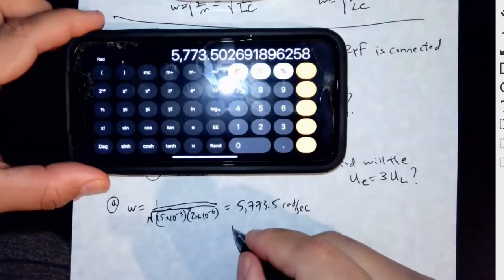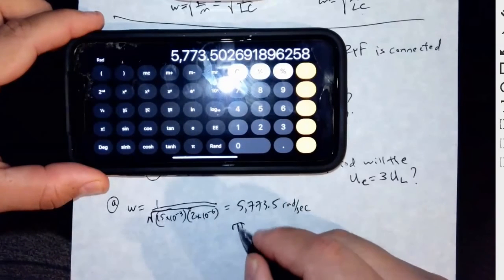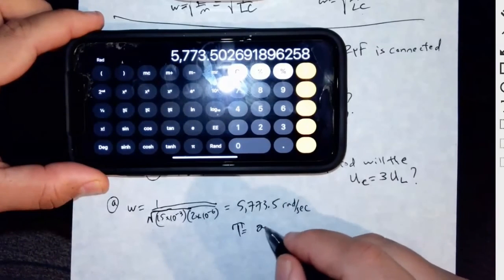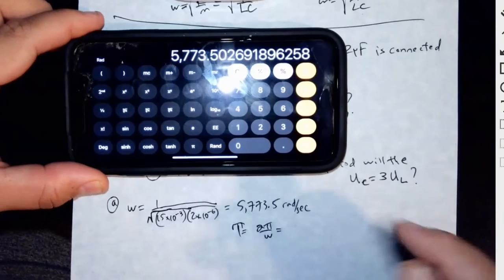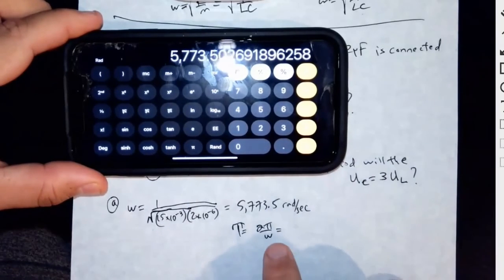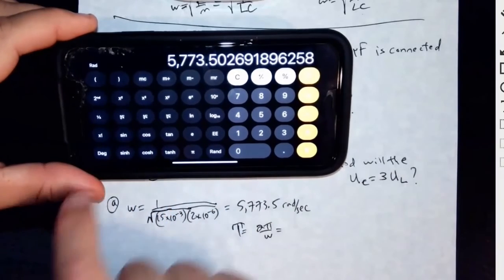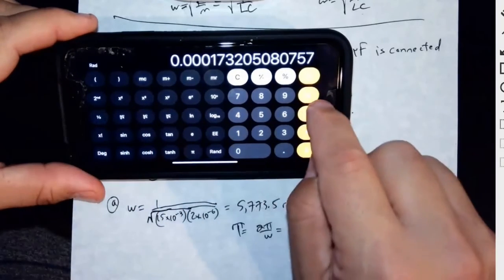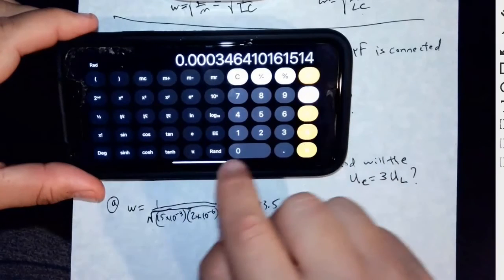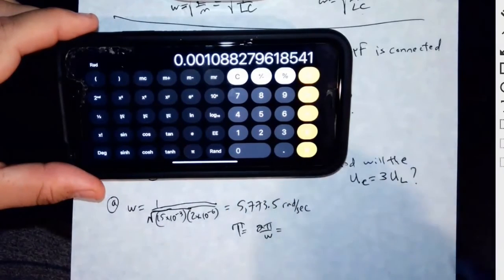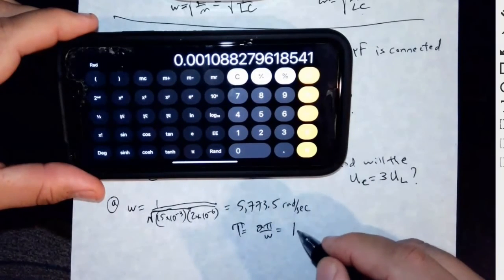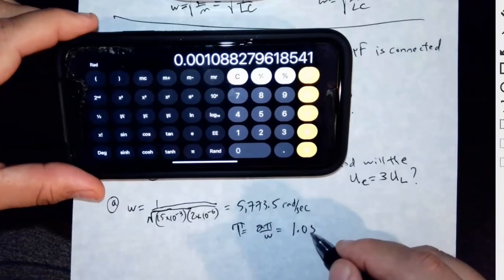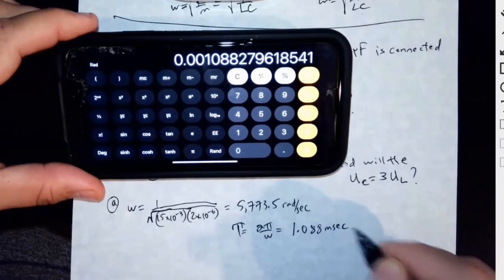And then the period is 2 pi over omega. So I'm going to reciprocate the omega times 2 times pi. Ooh, 1.088 milliseconds.